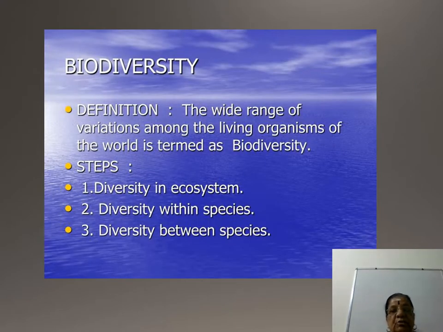And the wide range of variation among living organisms of the world is termed biodiversity. What are all the levels? Diversity in ecosystem, within the species, between the species. These are the different steps to understand biodiversity.